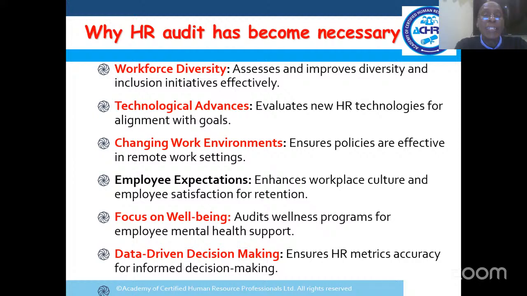Secondly, another reason why audits have become necessary is through technological advances. Today, technology has become the day-to-day enabler of our work.